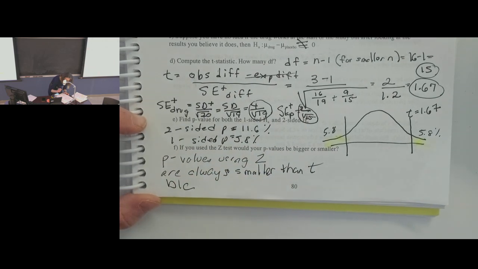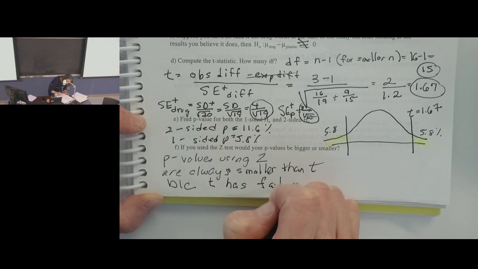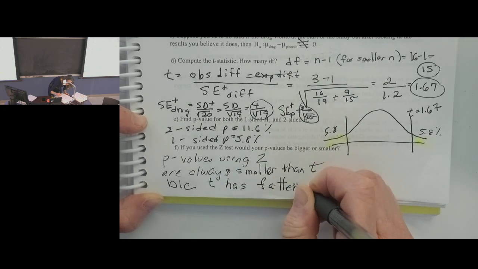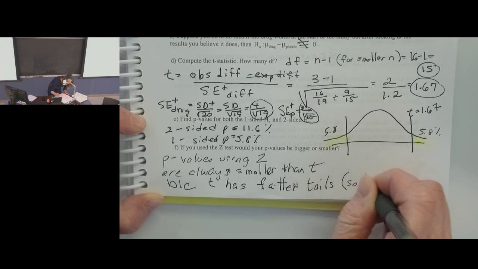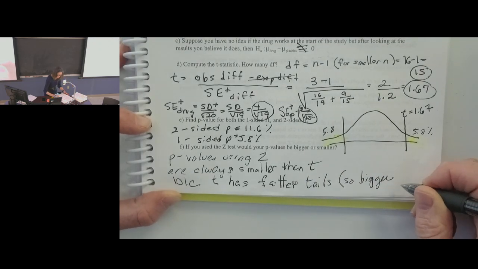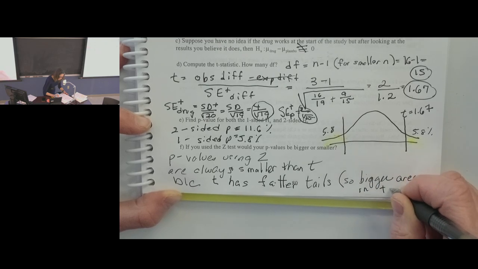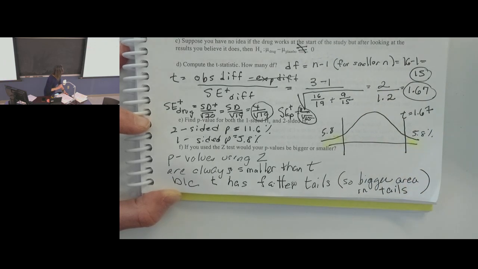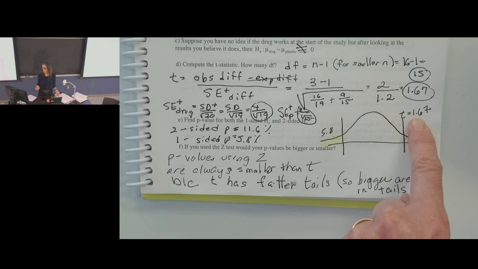It has more uncertainty. So bigger p-values.